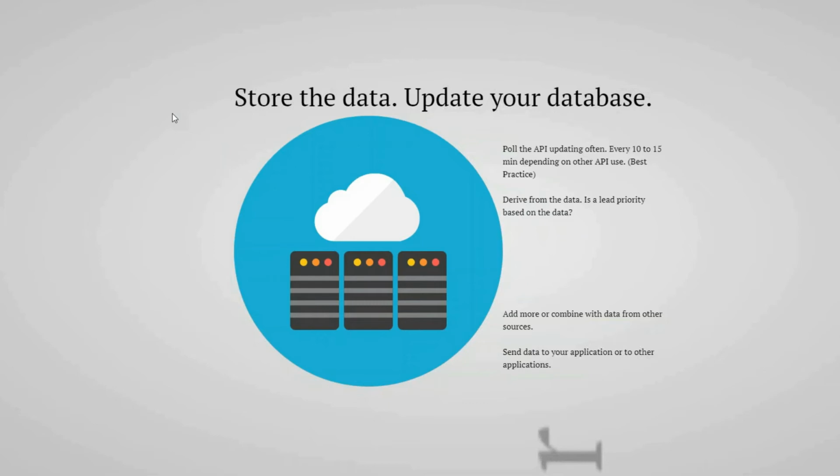Once you've done whatever data additions or modifications you want to do, you may want to send this data to another source. For example, the SMS I mentioned, you may want to take that lead and send the phone number to an SMS service like Twilio or something, and start telling that service to store the phone number and the lead name and send out messages on your behalf.